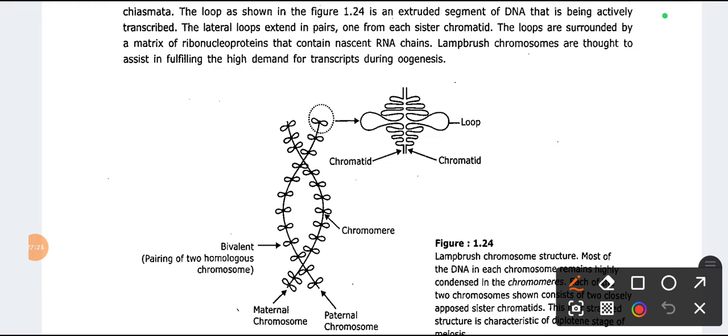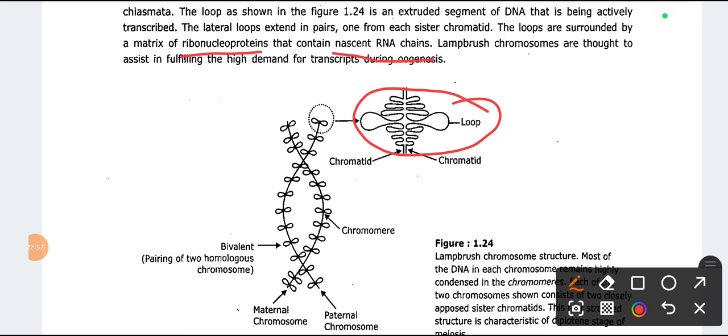The lateral loops which are formed extend in pairs from each sister chromatid, and these loops are surrounded by a matrix of ribonucleoproteins, which contain nascent RNA chains.